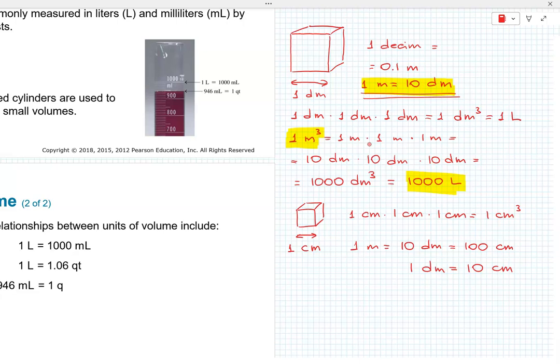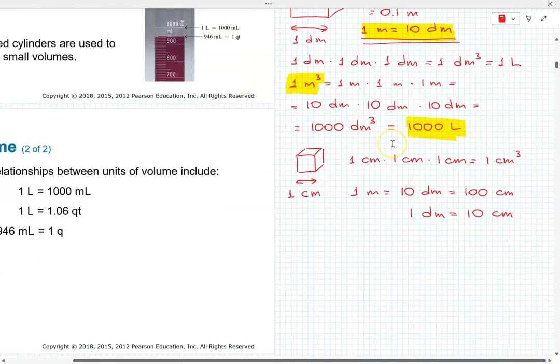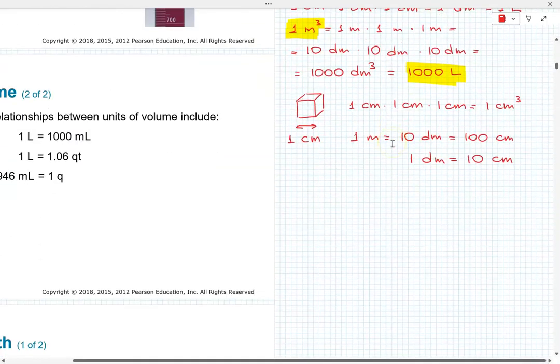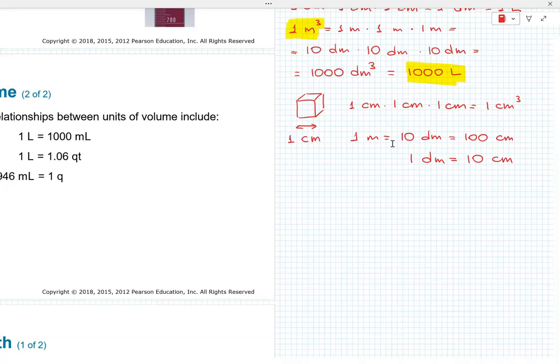Good? Makes sense? So I'm going to do the math for 1 liter first. So 1 liter is 3 times 1 decimeter multiplied, right?